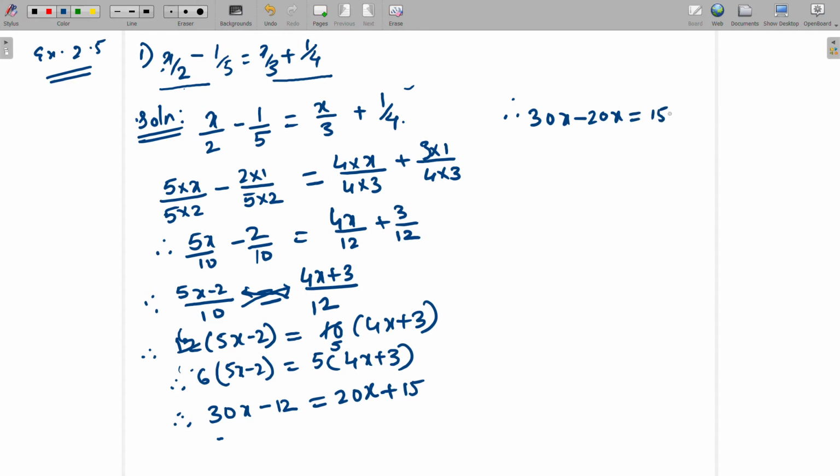Now minus 12 on this side will become plus 12. Therefore, 30 minus 20 is how much? 10x is equal to 27. Therefore, x is equal to how much? 27 by 10. This is the value of x.